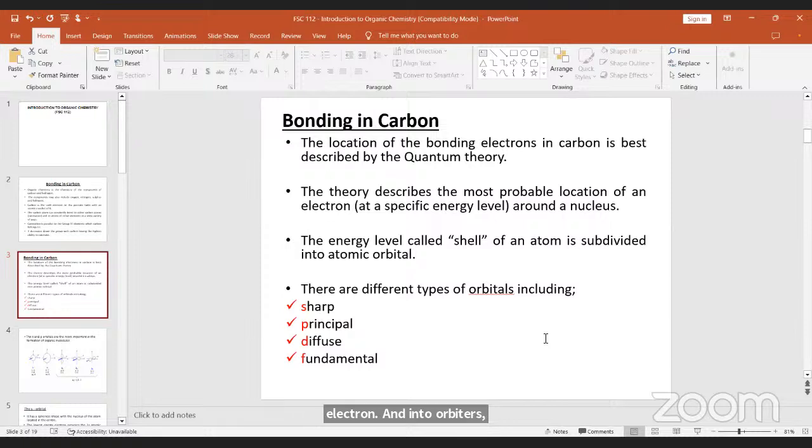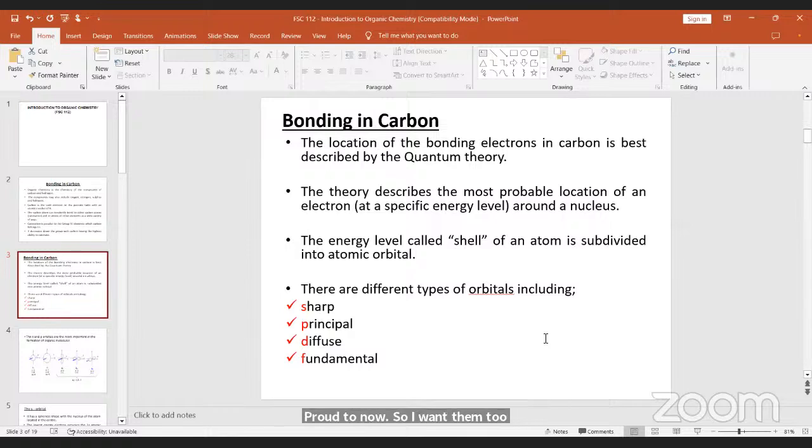So the location of bonding electrons in carbon is best described by the quantum theory. If I am not assuming wrongly, you have talked about a little bit of this quantum chemistry with some of the lecturers that have been with you prior to now. So I won't delve too much on it.